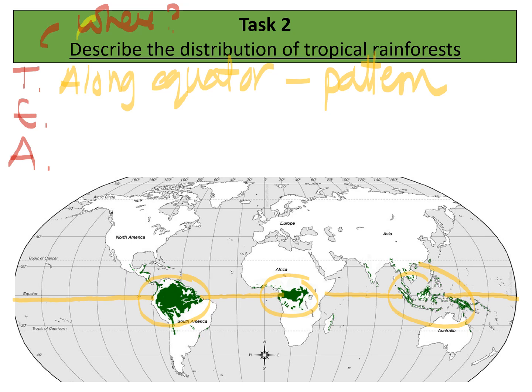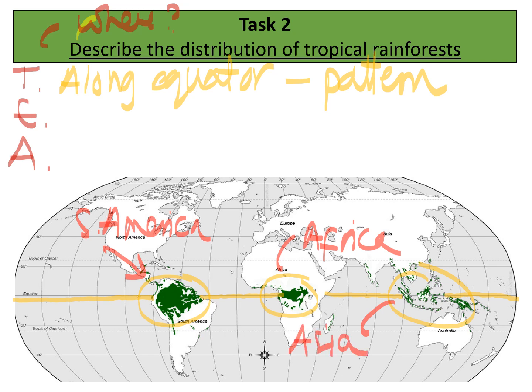So we might want to make reference to the fact they're found in South America, Africa, and Asia, but then there's also a little bit in Oceania. So you talk about those, and then you'd say where they are within these continents.